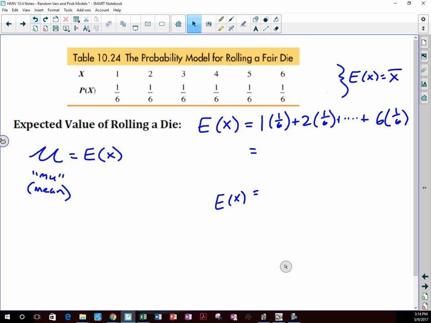That would be the same thing as just adding up those values 1 through 6 and then dividing by 6. So the expected value when you roll a die is going to be, I believe, 21 divided by 6, which is 3.5. Obviously you can't roll a half when you roll a die, but that is still the expected value that you would get when you roll a die.